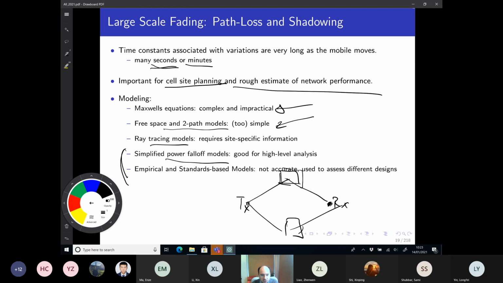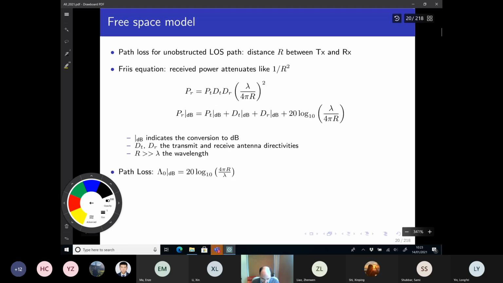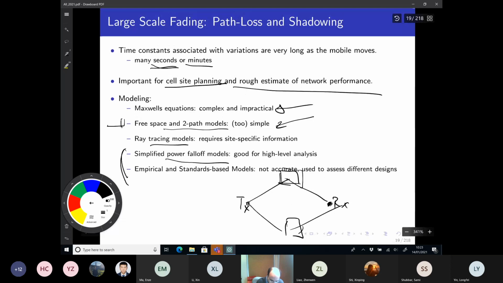If you go to a standards meeting, they rely extensively on this kind of model. In coursework 3, you will use one of those very simple models, which I will go over in a minute. Right, so let's go into free space model and the two-path model.